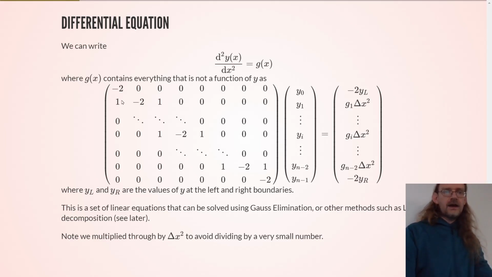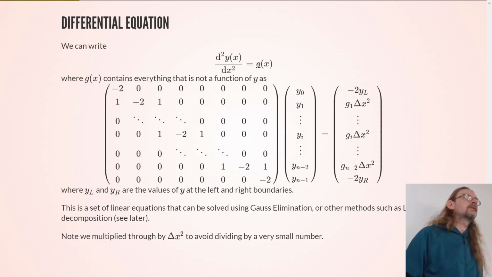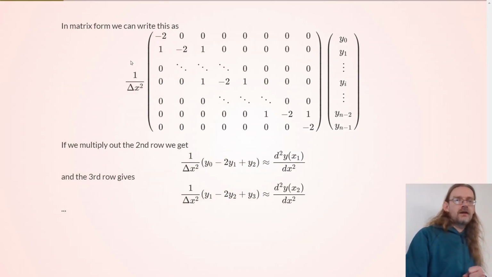And so at the point x1, this approximation to the second derivative at x1 should be equal to my value of this right-hand side, this g, evaluated at x1. And I've multiplied through by delta x squared. If you remember, because of the finite difference approximation, I was dividing by delta x squared.